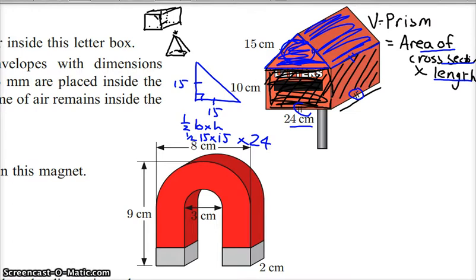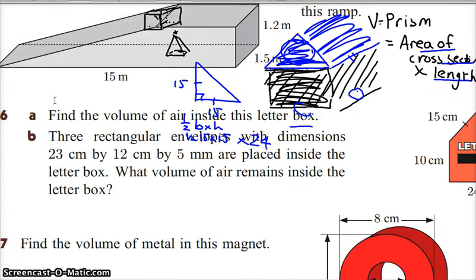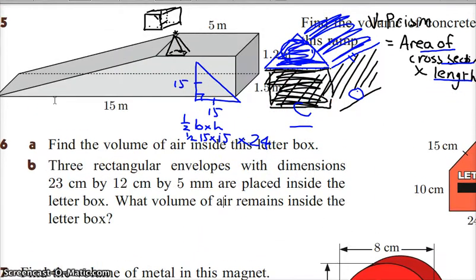Then if we go back to our question, it says that there are 3 rectangular envelopes with dimensions 23 by 12 by 5. Okay, so notice that this is centimetres, whereas this is millimetres, and this is centimetres.